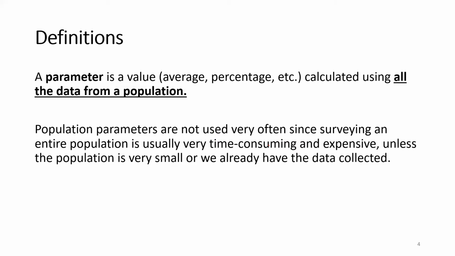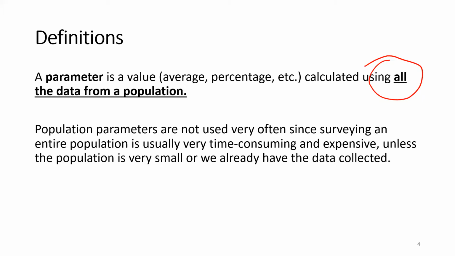Now, a parameter related to a population is a value that's calculated using all the data from the population. So you're going to include everyone. You're not doing sampling.